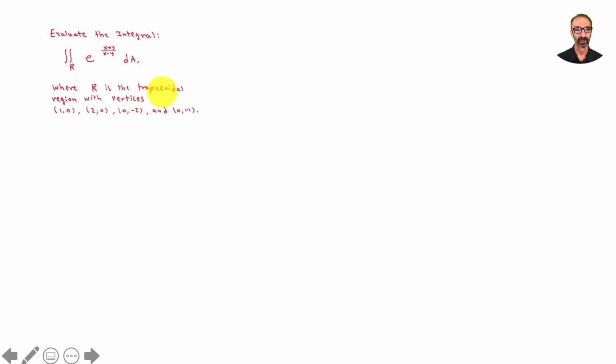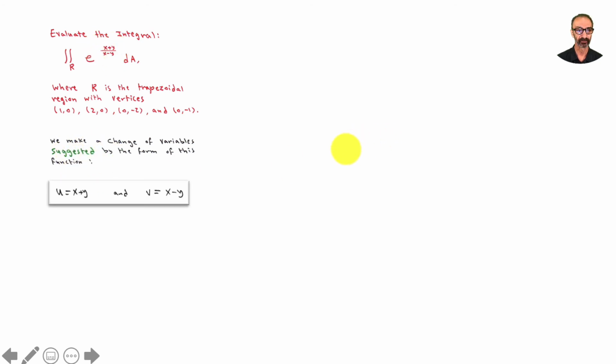So I think it does suggest we make a change of variables suggested by the form of this function. I mean, look at it. Take a look after this statement if it makes sense to you. What do you think? You change x plus y to u, and x minus y to v. It kind of says what to substitute.